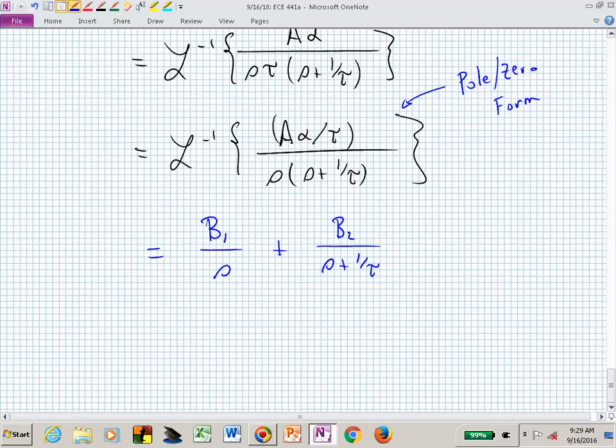Does that look familiar? That's our partial fraction expansion. If we could find B1 and B2, we could immediately write down our time domain expression for omega of t.